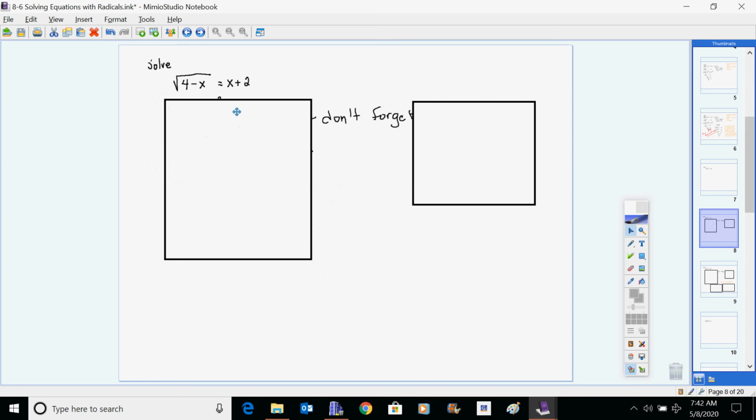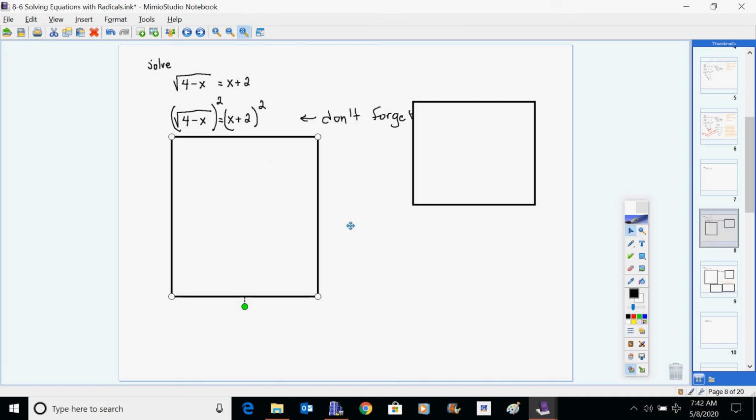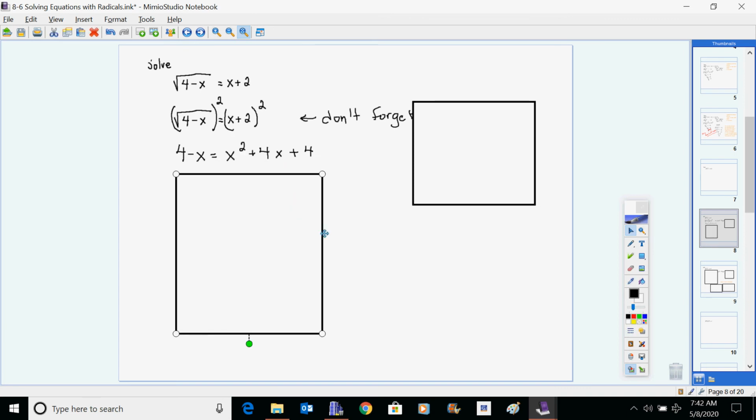If we want to solve this one, it's already in square root form. It's already by itself, isolated, so we can square both sides. Don't forget, by this point you shouldn't be making a mistake with squaring x plus 2. Okay, x plus 2 times x plus 2 is x squared plus 2x plus 2x plus 4, which simplifies to this.